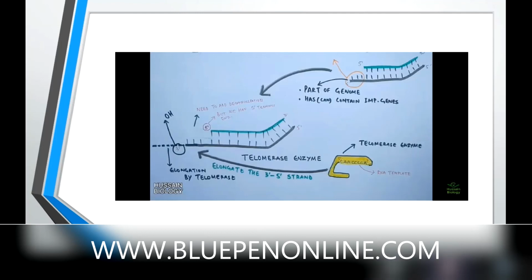Which strand elongates? Only the parent strand is elongated by this enzyme telomerase. In which direction? At the 3' end of the parent strand. The enzyme moves from right to left, and the strand elongates in the 3' direction. Then next slide.